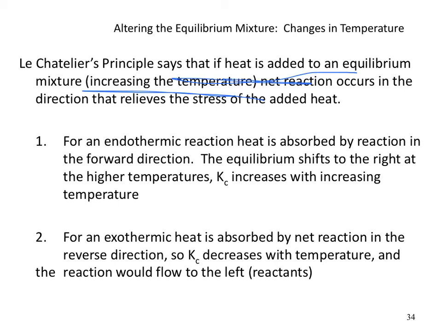And so, like I explained a couple of minutes ago, for an endothermic reaction, heat is absorbed, so the forward reaction will take place, and K will increase. On the other hand, for an exothermic reaction, heat is given off, and the reverse reaction will absorb it. So realize that if the forward is exo, the backward is endo. And so A to B.